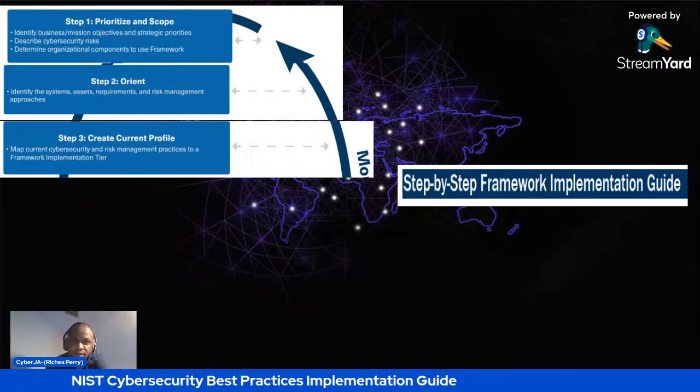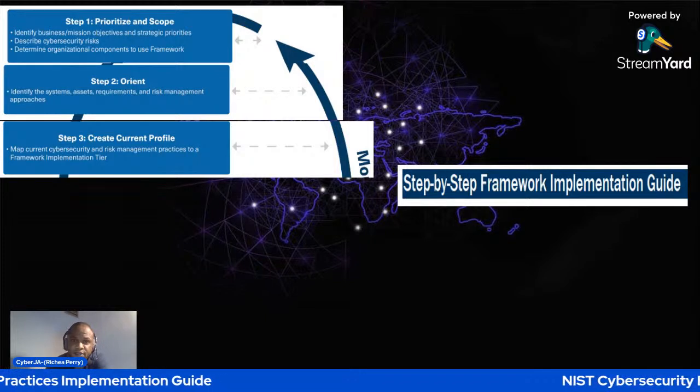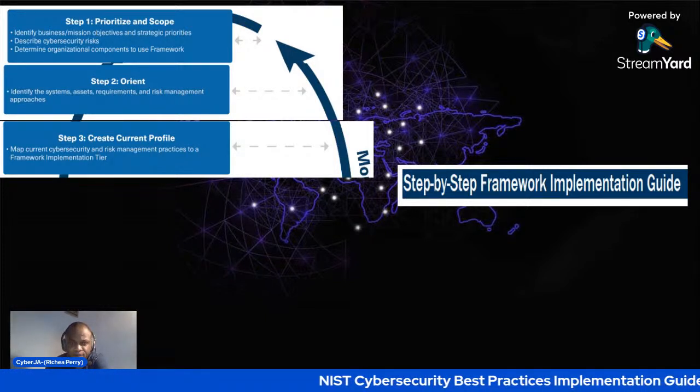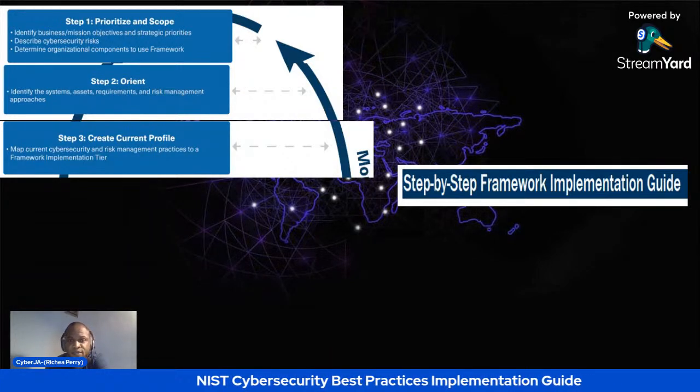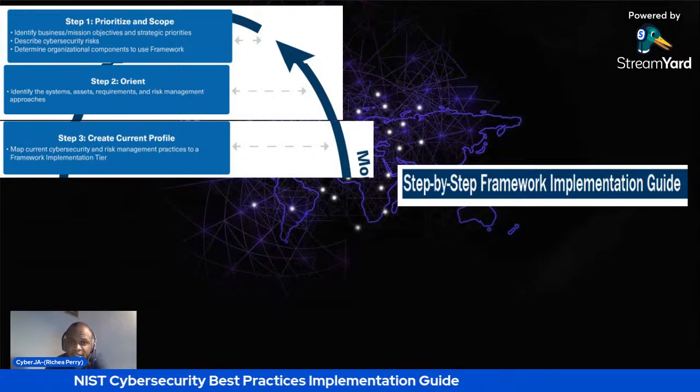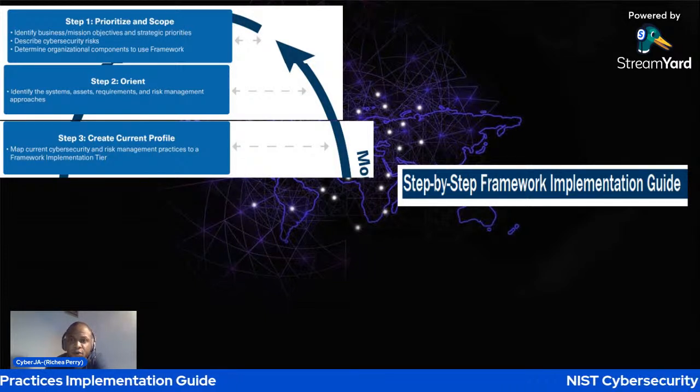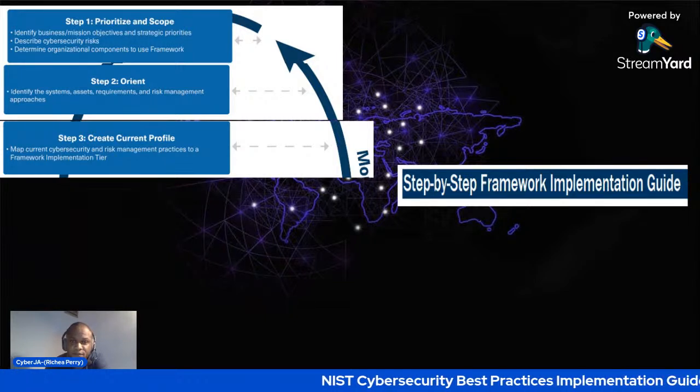Thirdly, create a current profile. This is the phase in which the organization develops a current profile by indicating which category and subcategory outcomes from the framework core are currently being achieved.